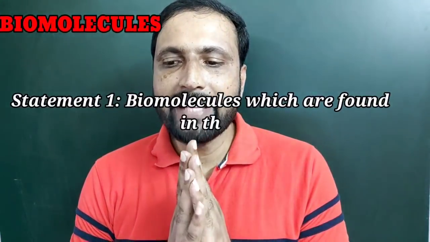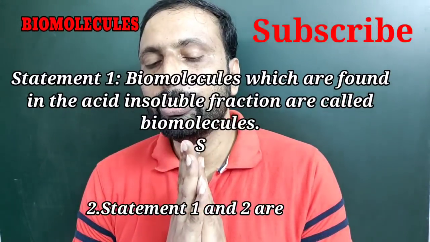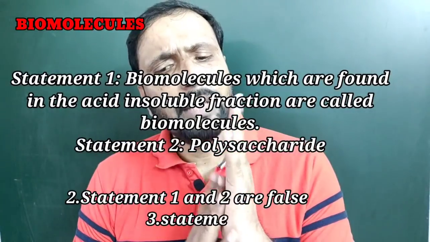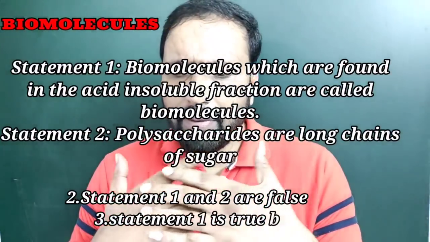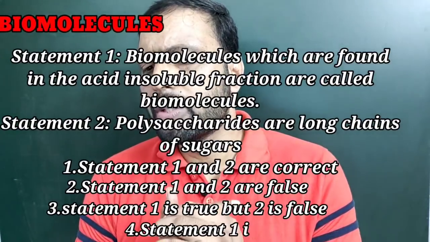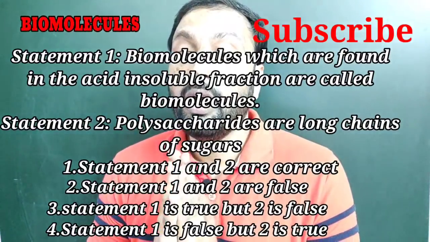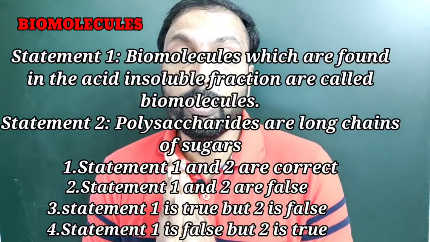Biomolecules which are found in the acid insoluble fractions are called biomacromolecules. Yes, definitely. Statement 1, look at there. Biomolecules which are found in the acid insoluble fractions are called biomacromolecules. Correct.